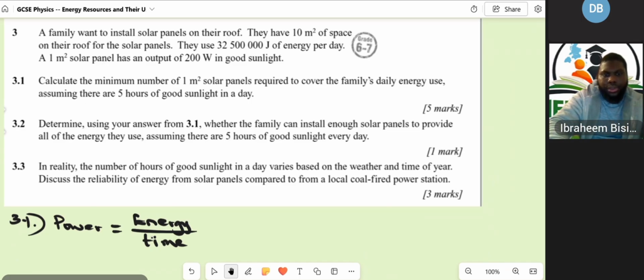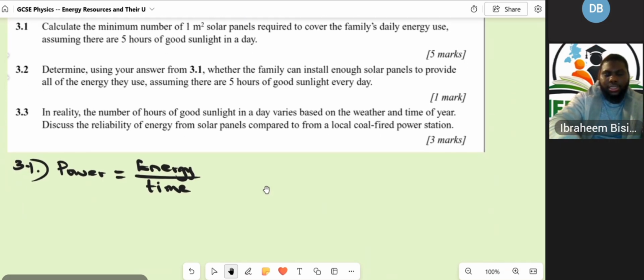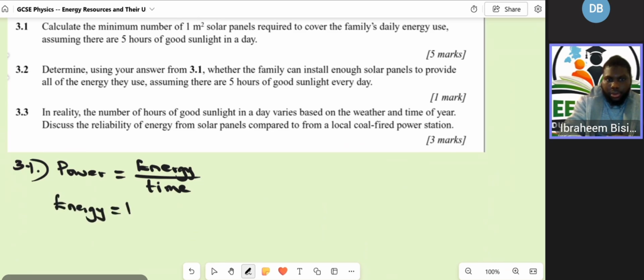So to calculate that amount of energy, we know our power. If we make energy the subject of the formula, this will be energy equals power times time. And don't forget, the unit of power was given in watts, and watts is the same thing as joules per second.